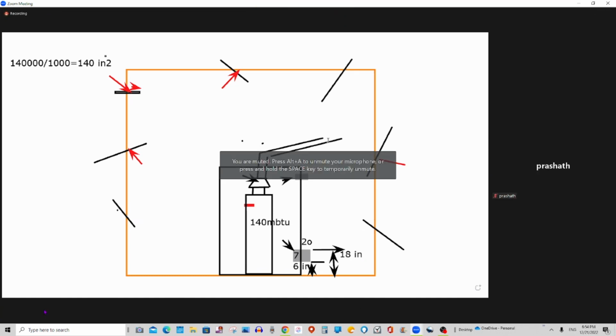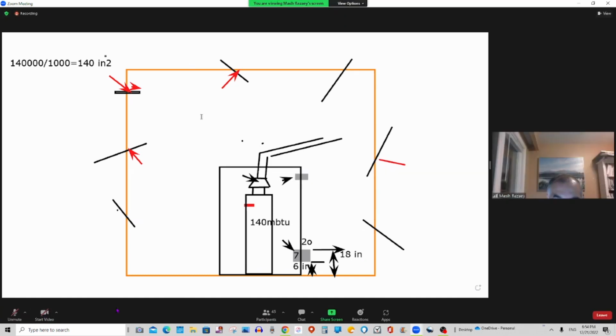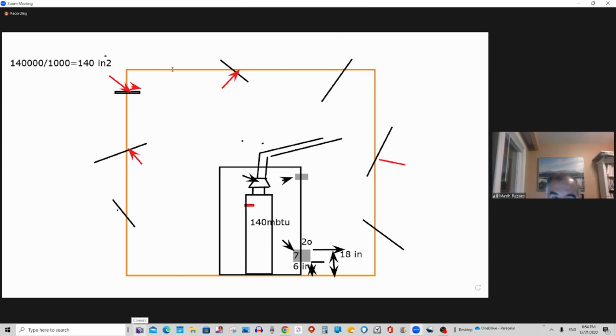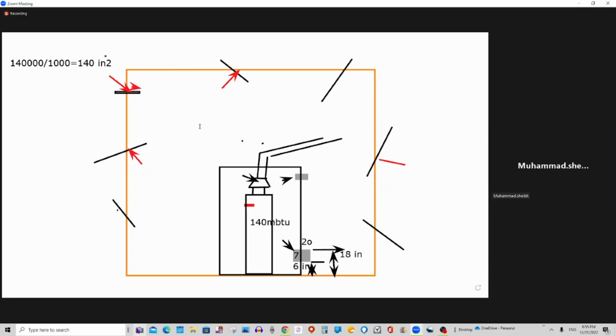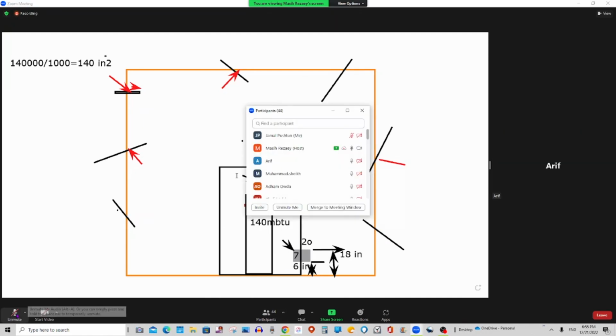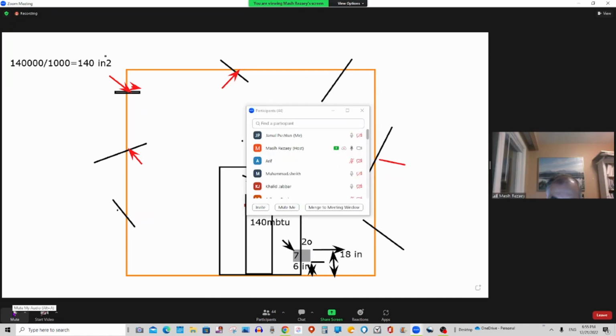Let me explain. So we said if we do have a house which does not comply with clause 8.2.1 A and B, which is a loose house, and if this loose house has an enclosure inside, with appliances installed in an enclosure, how much is the opening for combustion air going to be?